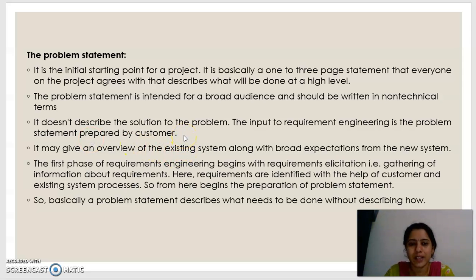Customer is always the goal. That means the problem statement mainly describes the need of what to do, but not how to do it. So what to do is described in the problem statement and does not include how to do. How to design or how to implement, all those technical things are not included in the problem statement.